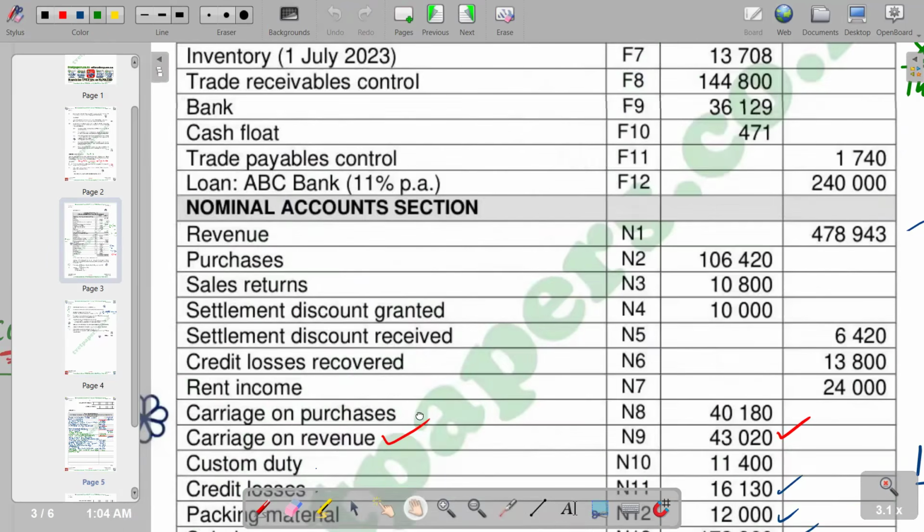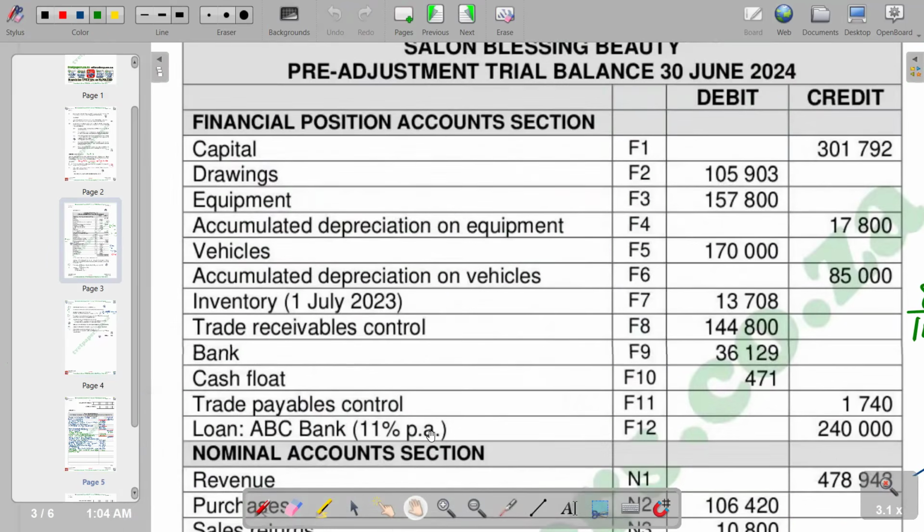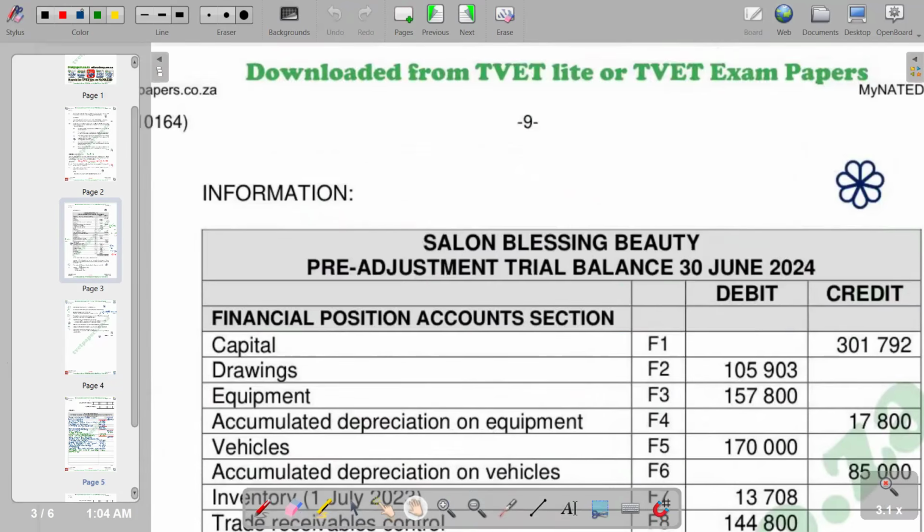So we have our figures here. So remember, the reducing balance method or diminishing balance method formula says percentage times carrying value. We first have to calculate the carrying value by saying cost minus accumulated depreciation.